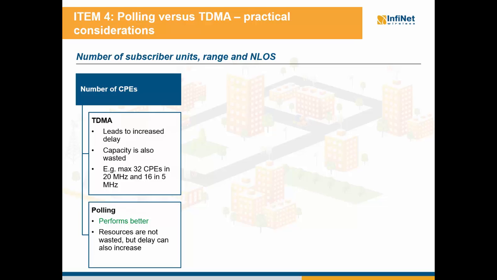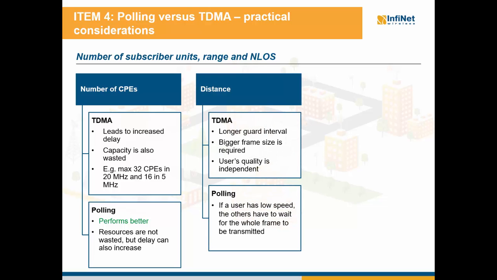In case of range now, there is no preferred choice between TDMA and polling, however, some aspects can be mentioned for each case. Longer distances in TDMA mean larger guard intervals, and therefore it decreases the actual throughput. For long links, increased frame sizes are more helpful.